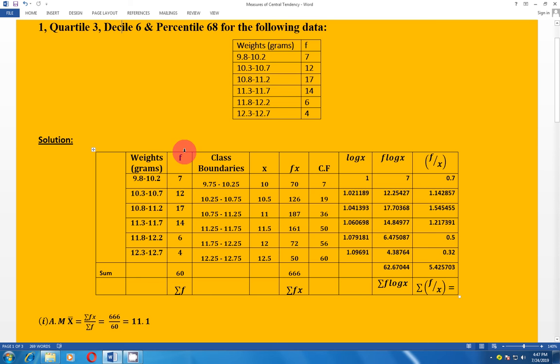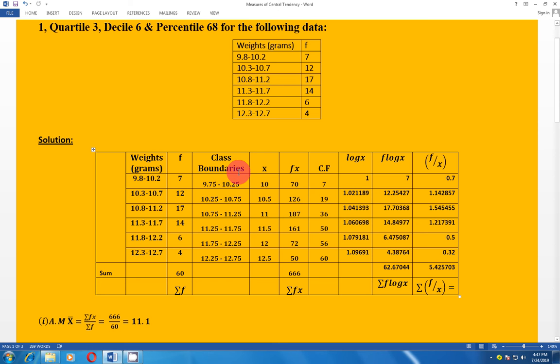So first of all we will subtract 0.05 from the lower class limits, and we will add 0.05 to the upper class limits, and the result will be the class boundaries. 9.8 minus 0.05 will be equal to 9.75, and 10.2 plus 0.05 will be equal to 10.25. 10.3 minus 0.05 will be equal to 10.25, and 10.7 plus 0.05 will be equal to 10.75, and so on.